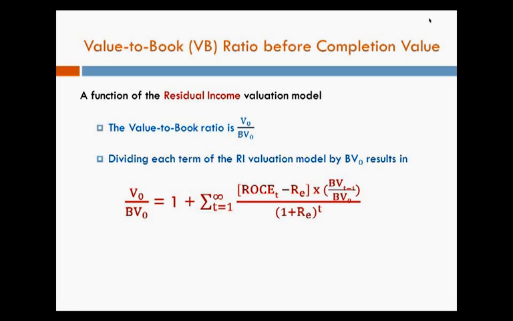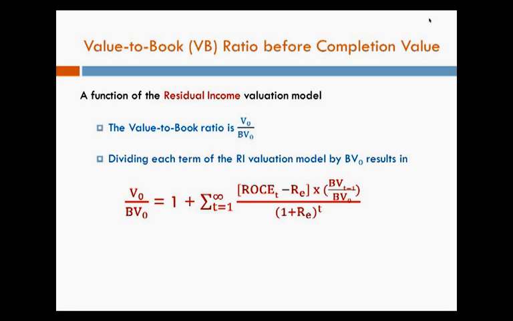residual earnings, discounted back. If you have non-economic earnings above or below what's expected, you're either adding value or taking value away from a company. And that's what that says. It starts with no expectation of earnings, and then it goes from there.